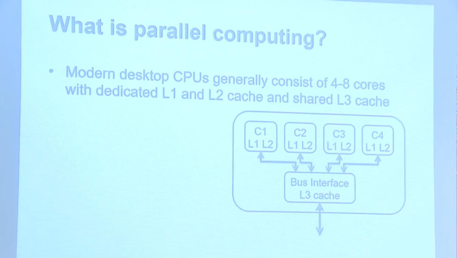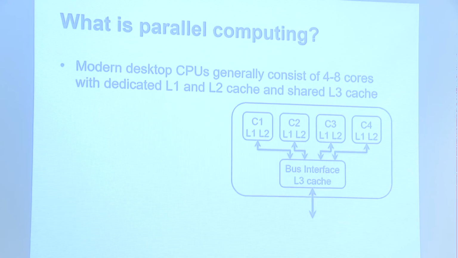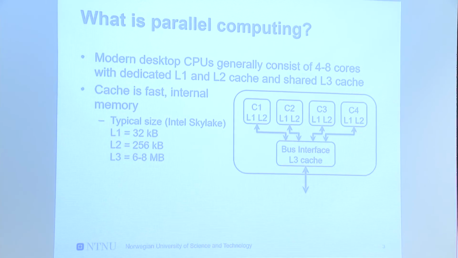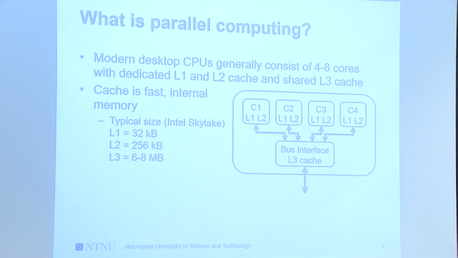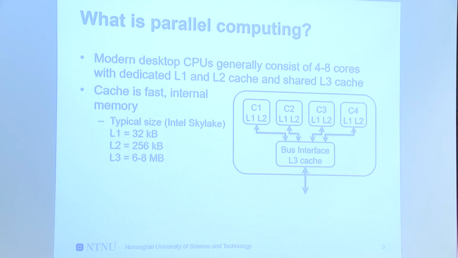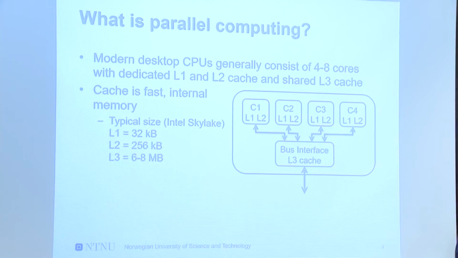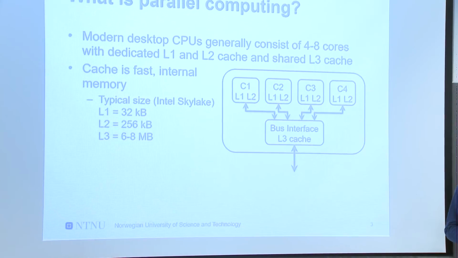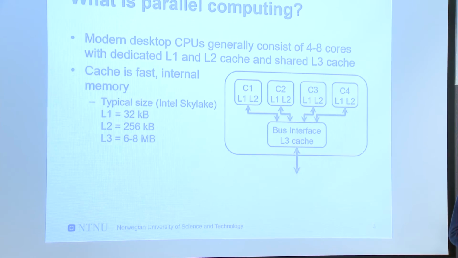You probably will ask yourself now, what is a cache? A cache is pretty much a fast internal memory. So the connection from a cache to the core is way faster than the connection from the CPU as a whole unit to the memory. It is important to know these concepts because these are points where limitations can arise, where parallel computing is not good anymore, in cases when data transfer is too much.